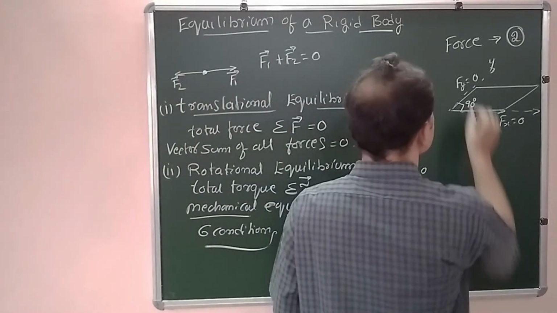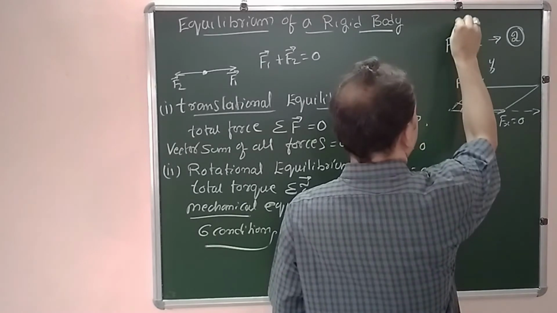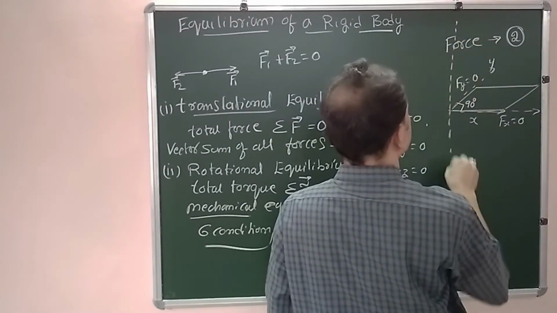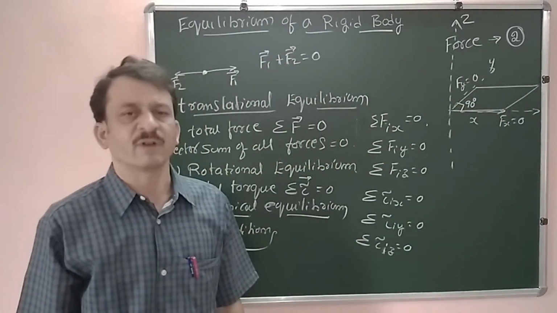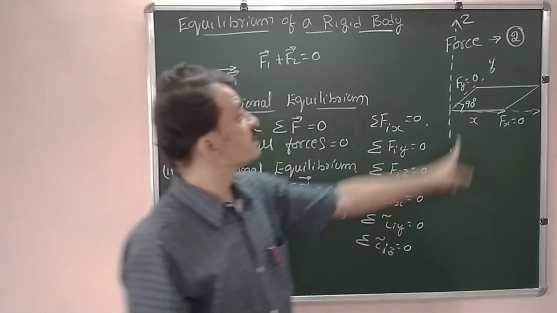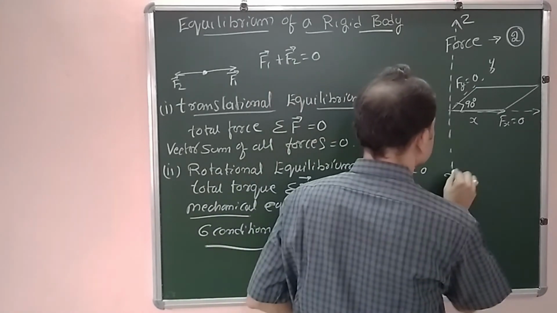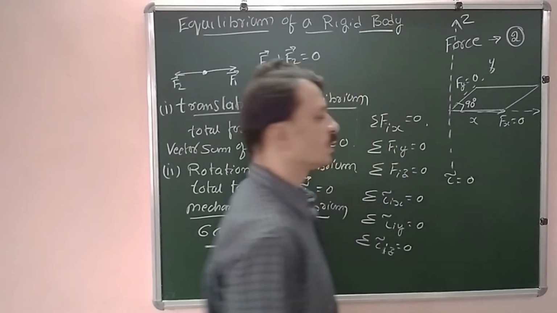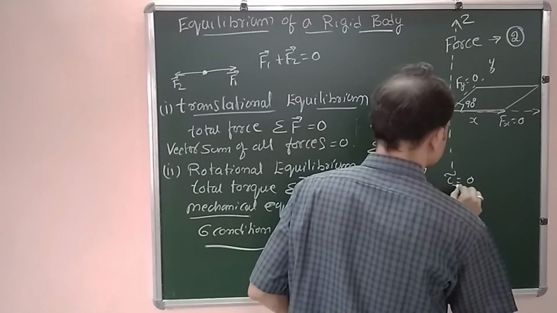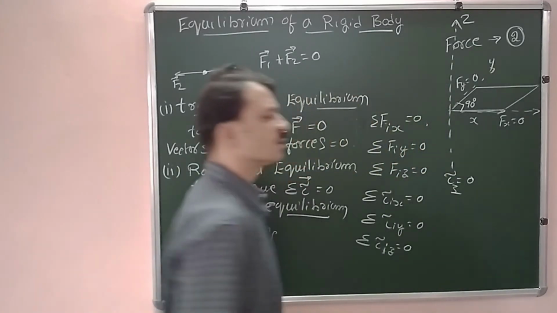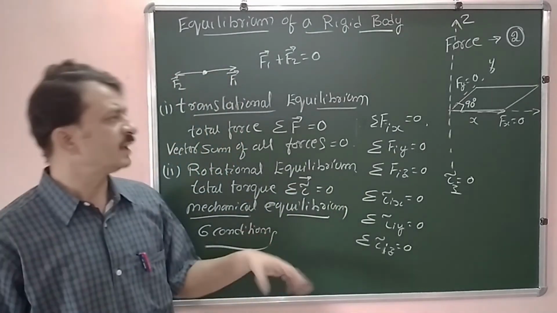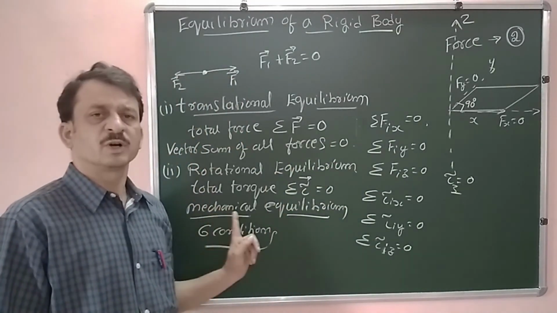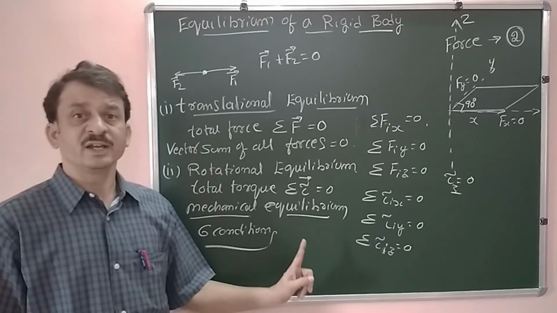One rotational means if I take another axis here, which is the z-axis, perpendicular to both the x-axis and y-axis, along this axis if the torque, that is tau z, the algebraic sum of the torques on that rigid body, is 0, then that rigid body is said to be in mechanical equilibrium.